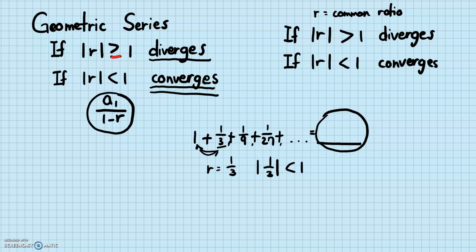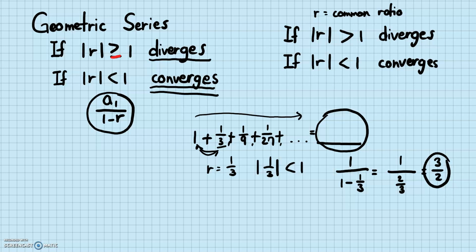Well, it's going to equal this number right there. So that is A1, the first term, divided by 1 minus 1/3. So that is going to equal 1 over 2/3, which equals 3 over 2. So if you add up all the numbers like this, you'll eventually get 3/2. Okay, so that's how you add up an infinite series.